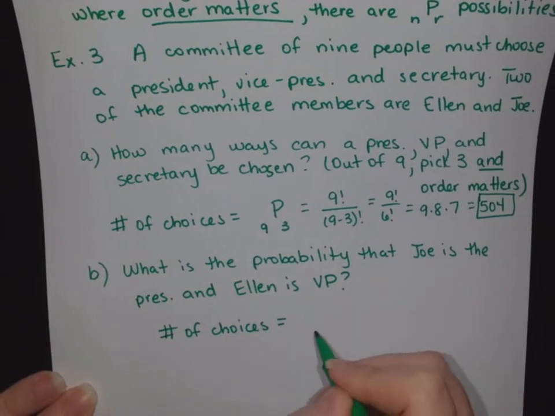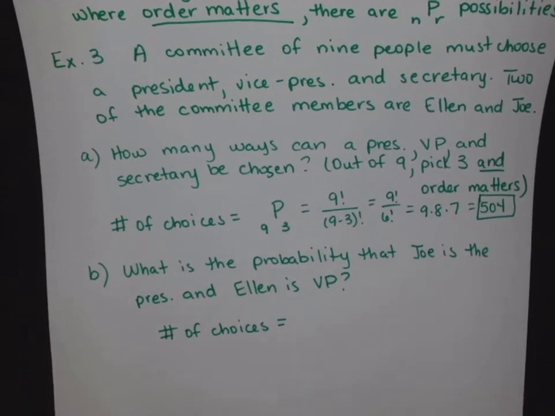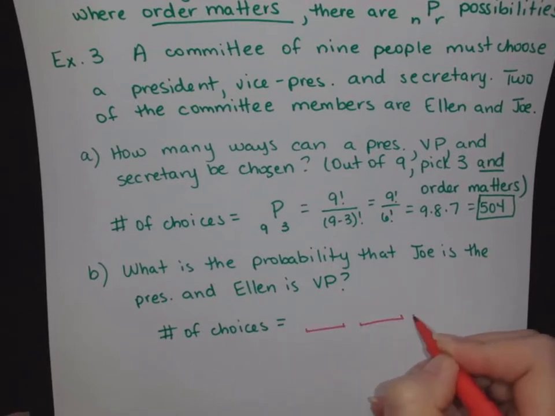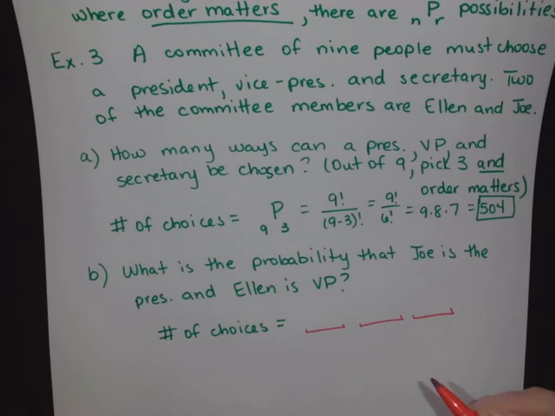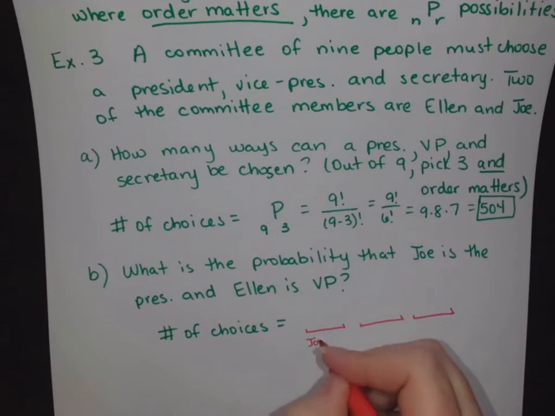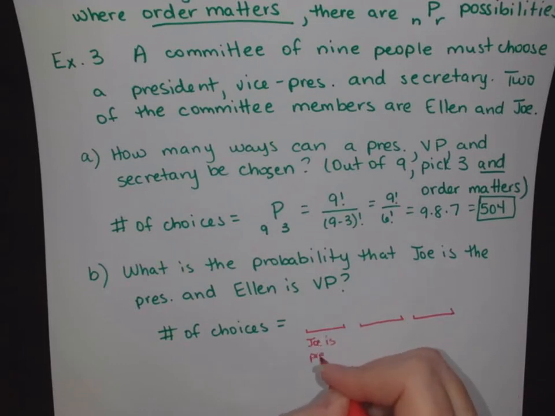My strong suggestion would be to come up with 3 different slots here, because we have 3 different scenarios. The first one is Joe is president.